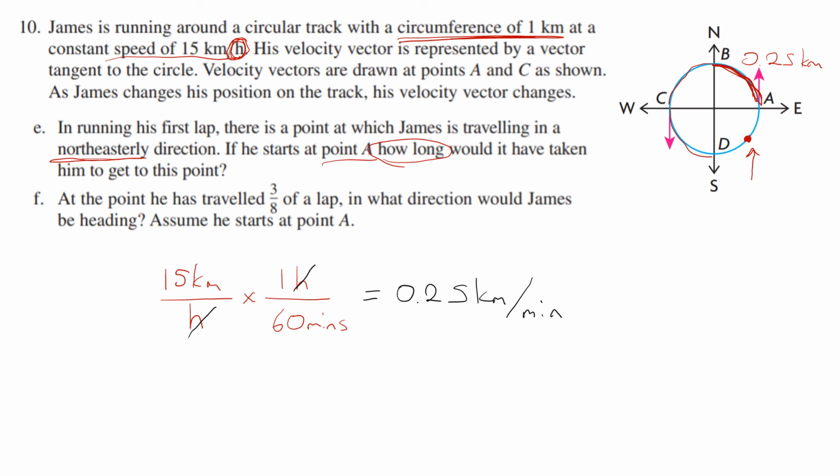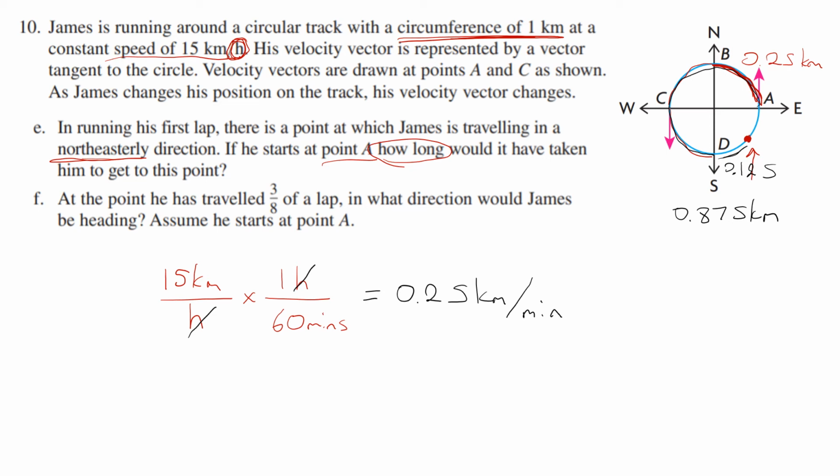And I know over here, he goes 0.75 kilometers plus the half, which if I divide 0.25 by 2, it will give me 0.125. So the total distance he goes through, total track, is 0.875 kilometers.